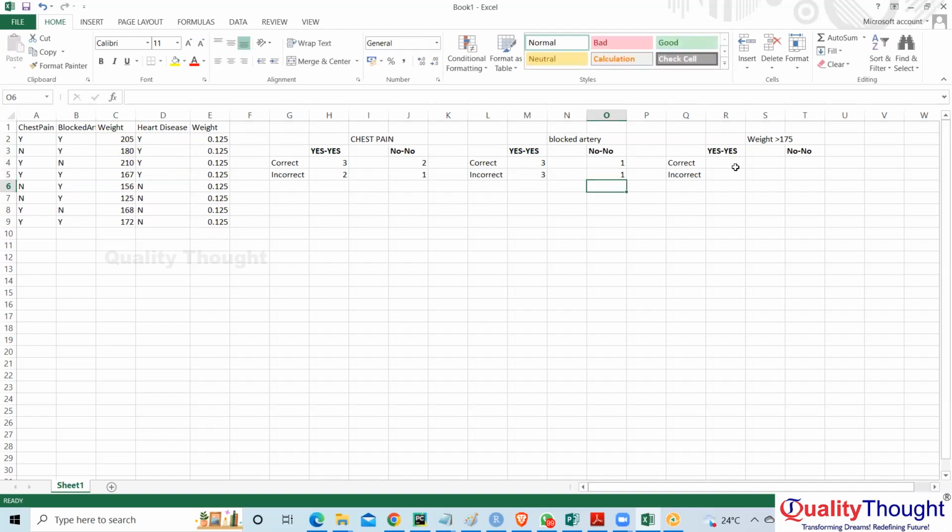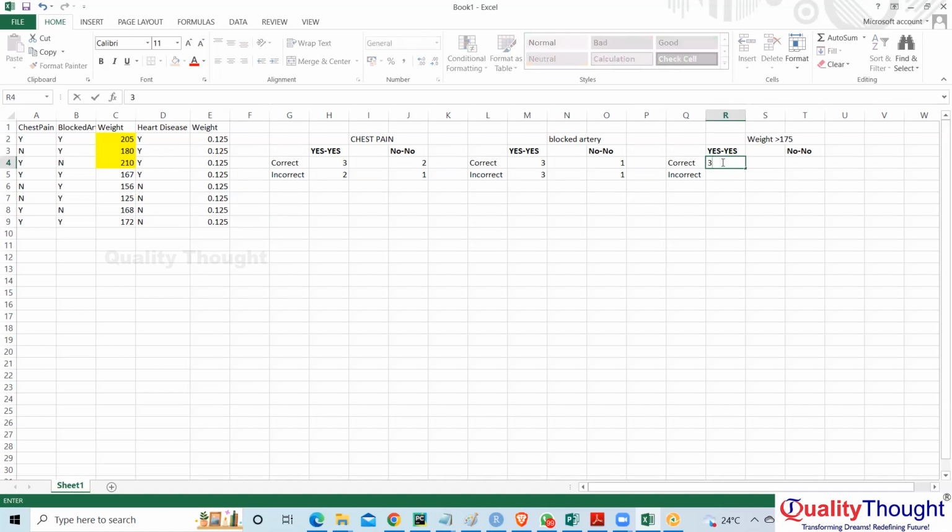Now you tell me here, weight more than 175. Let's make it something like this. More than 175, we will highlight. Now if you see weight, all are correct, 3 out of 3.